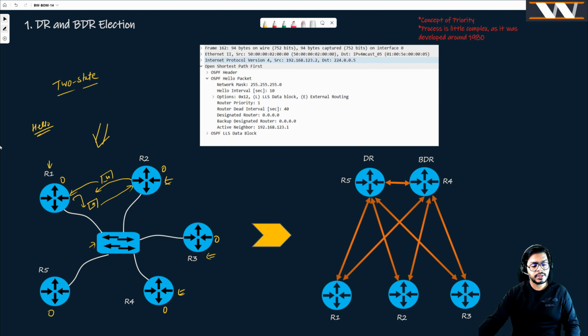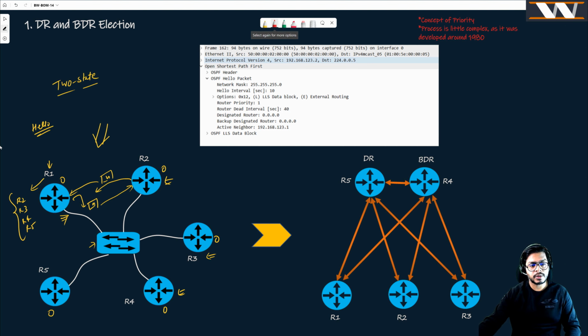And R1 should understand that there are 4 more routers on this LAN interface. It is as simple as that. So according to R1, R2, R3, R4, and R5 are the neighbors. Neighbors of R1.